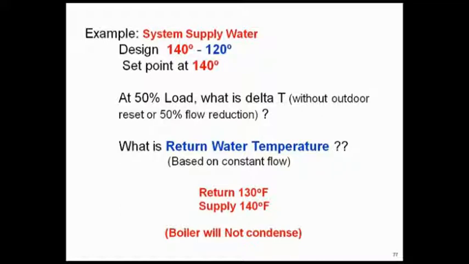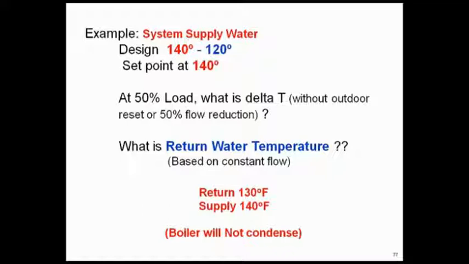The question is, what would happen at half load if we reduce the load to 50% and did not change the flow rate? We're going to keep the flow rate constant. I want you to understand the impact on the return temperature. If we're holding a constant supply of 140 and we go to half load and we don't change the flow rate, what happens to the return?